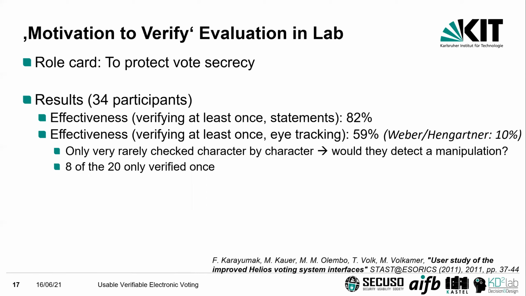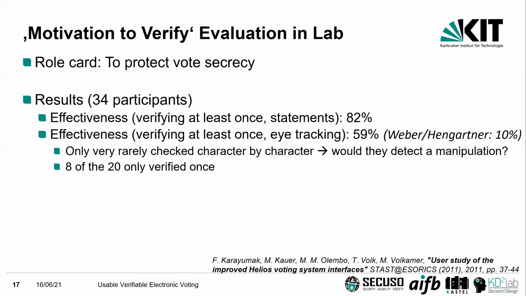Furthermore, thanks to eye tracking, we could see that people went through the process, but when it comes to the hash value that needs to be compared, only very rarely people checked character by character.